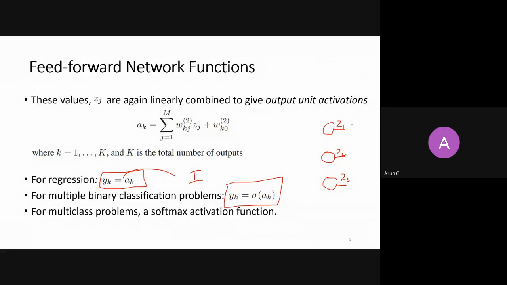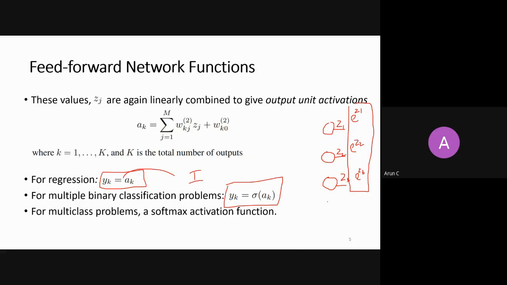What I will do is take e to the power Z1, e to the power Z2, e to the power Z3, and I will normalize it. What do I mean by normalize? I will take the sum of e to the power Z1, Z2, Z3 and normalize.